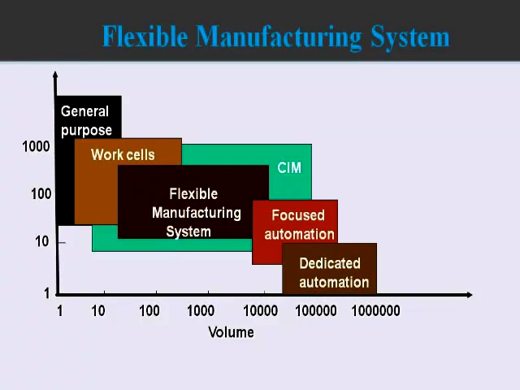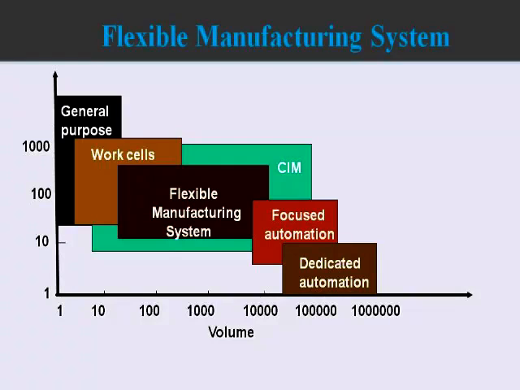In dedicated automation, you can see that more than 10,000 to several lakhs of components can be produced per annum, whereas the product variety is very less, maybe one or two or a few varieties. On the other hand, with general purpose machines, we have a variety of products, maybe 1,000 or 100, and the volume is maybe around 1 to 10. And we have an FMS which occupies the space in between.